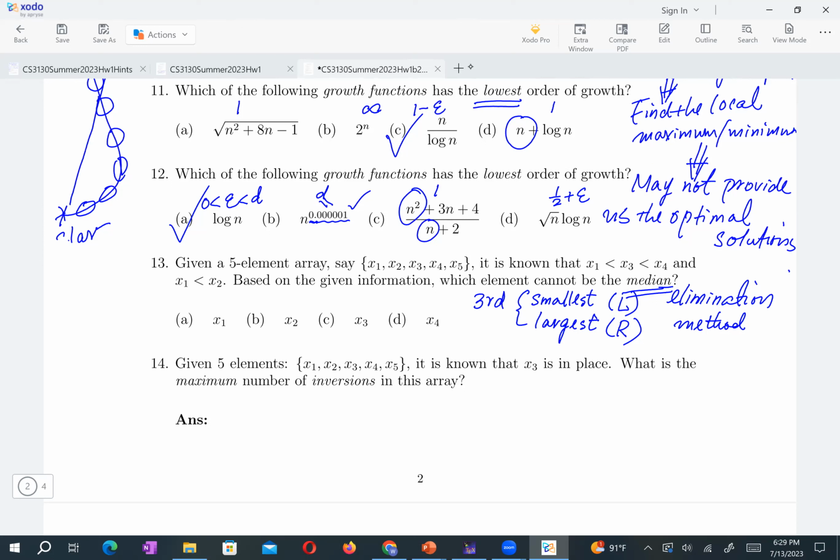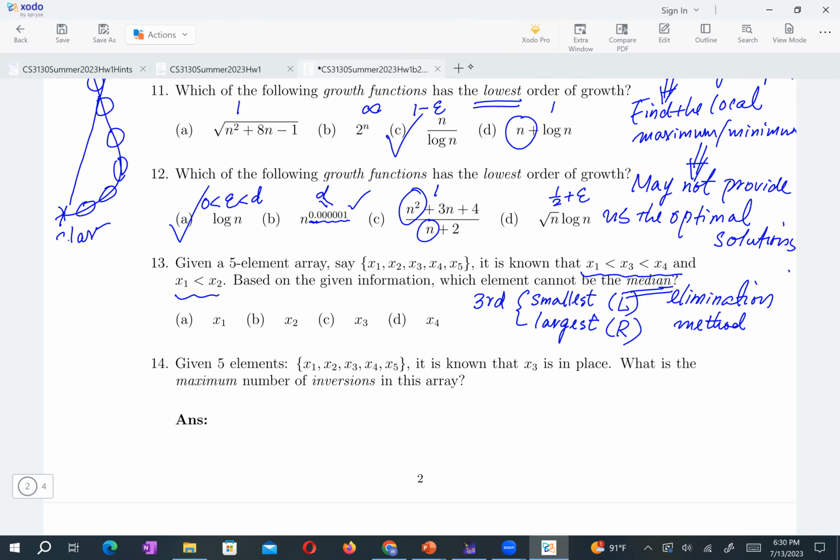We have a later question, number 23, where we will use the idea we're talking about here. That one is also an elimination method. Here, probably one direction is already enough. Look at that: X1 less than X3 less than X4, also X1 less than X2. I hope you can notice that X1 is less than many elements.